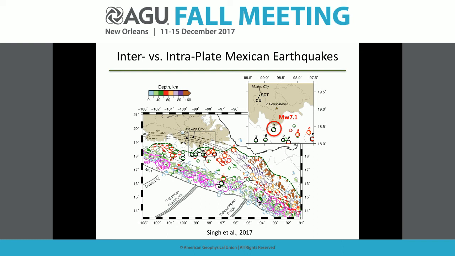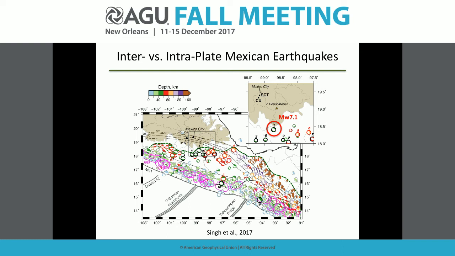So that's why this earthquake should now be considered in more detail by engineers, to see whether the current building codes contemplate the demands coming from this earthquake.